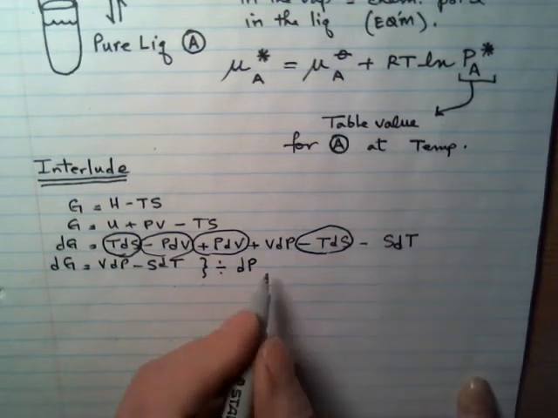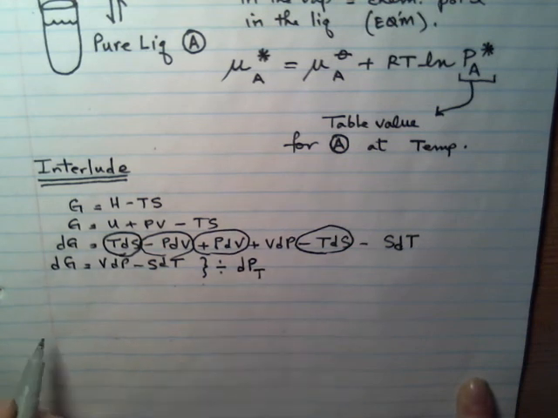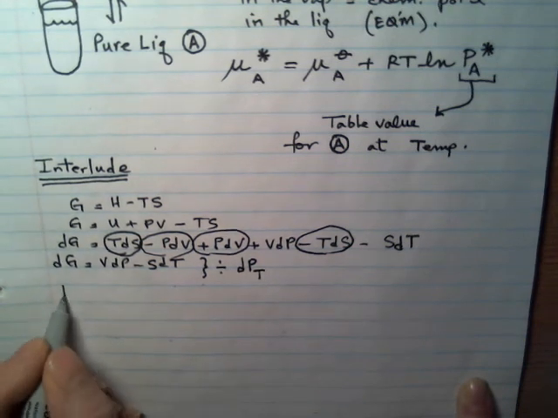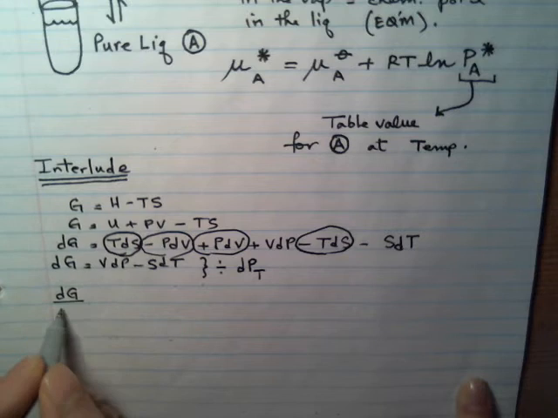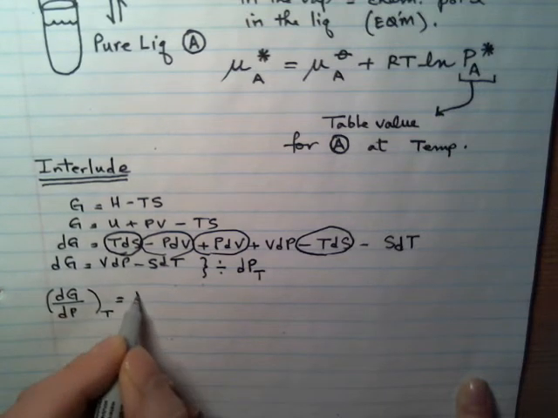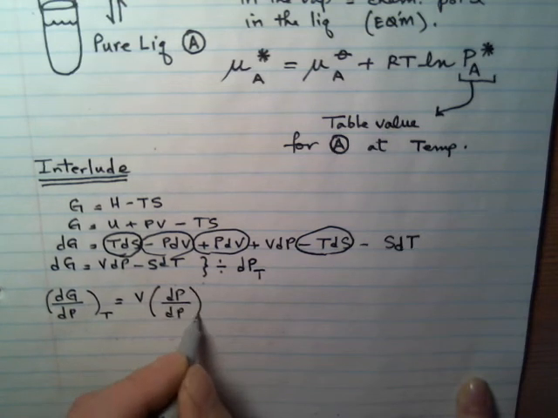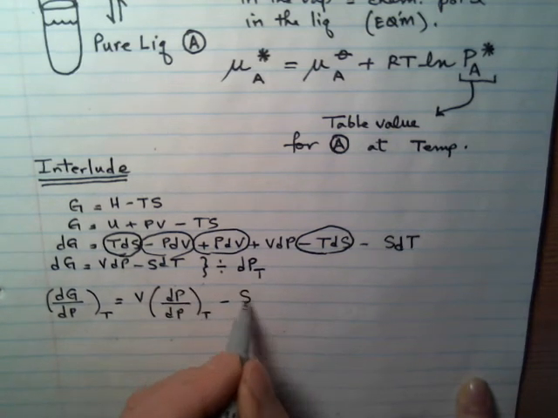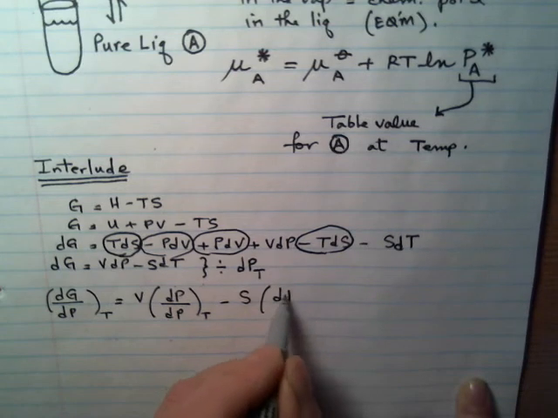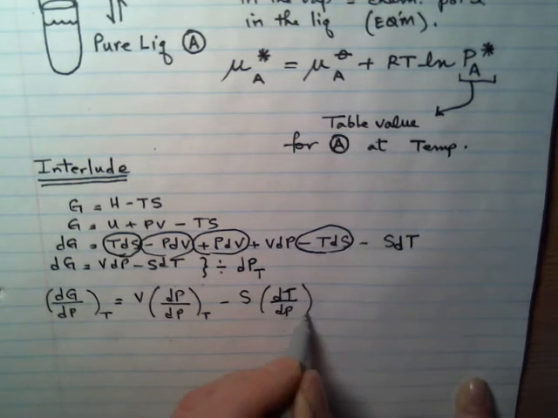And it's at constant T. So I'm dividing through by a change in pressure at constant T. And what that gives me is dG by dP at constant temperature equals V, generating the new partial derivative, minus S, another new partial derivative here, dT by dP at constant T.